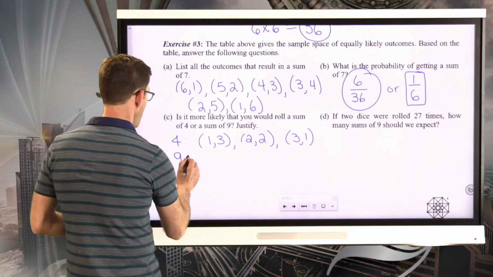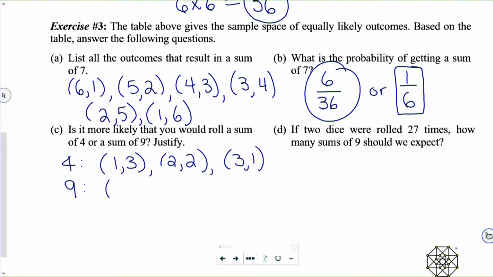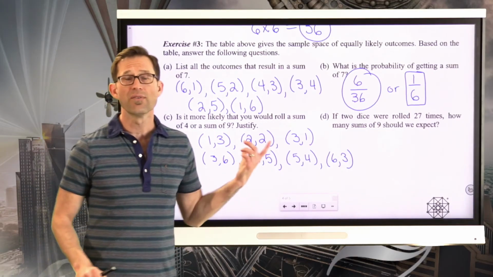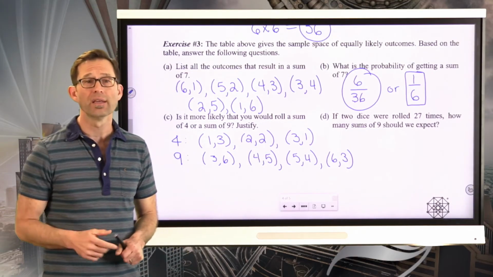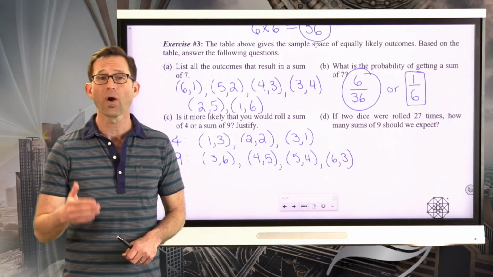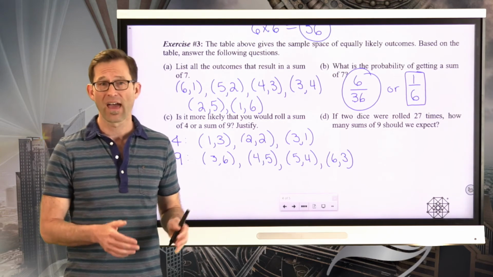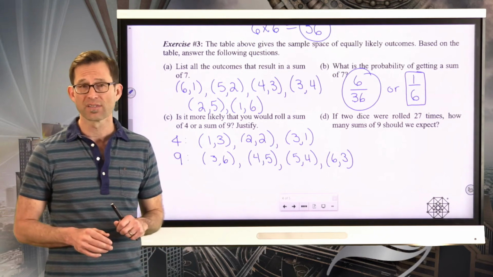For a sum of 9, that's going to be a 3 and a 6, a 4 and a 5, a 5 and a 4, and a 6 and a 3. Now really, just even based on those, you could say that the 9 is more likely because there are simply more equally likely outcomes that fall into that category than in the category of having a sum of 4.